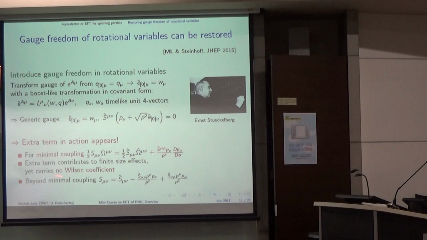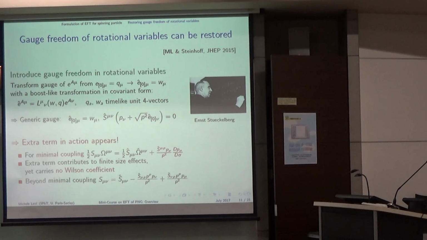We have this extra term here that contributes to finite size effects, but it carries no Wilson coefficient. This term is not preceded by some unknown coefficient. The point is to realize that it doesn't represent any UV physics that we want to account for. It just reflects the fact that once we move to a spinning object, we have a finite size, and that is true for whatever UV physics one will have.